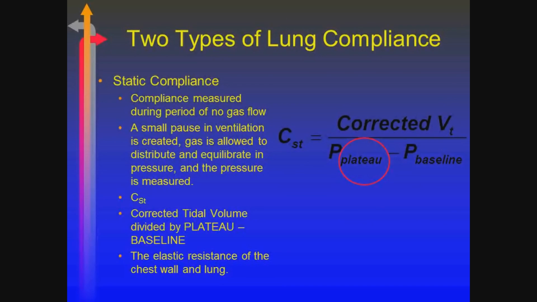Otherwise, our measurement's not going to be accurate. Nominally, it's not a lot of volume. On a 500 milliliter tidal volume, it might be 60 milliliters. Big deal. But when you're talking about a neonatal patient where your tidal volume is 7 milliliters or 6 milliliters, any amount of volume loss can be critical. But that's corrected tidal volume. We'll talk more about that when I talk about compliance.